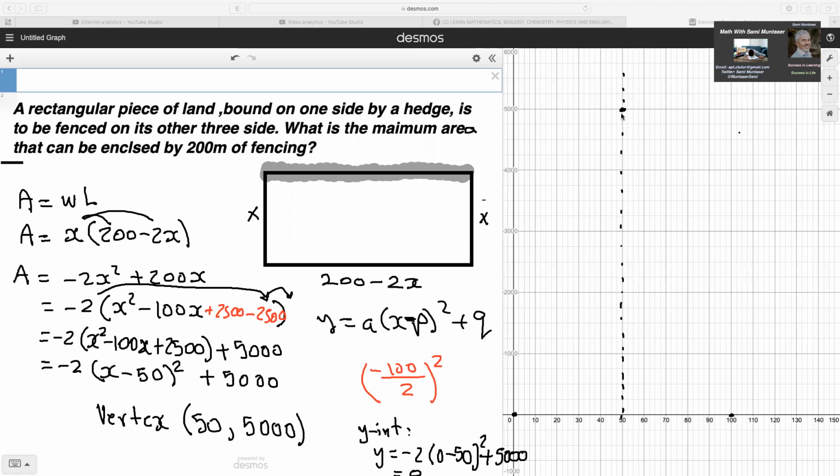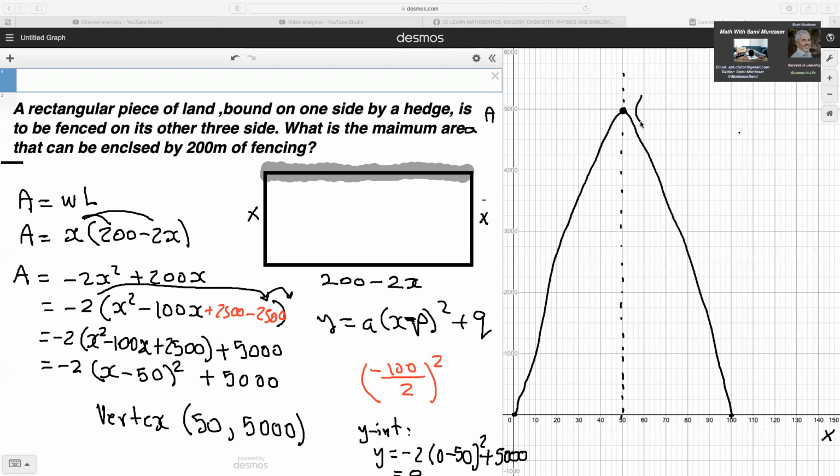Now we're just going to graph this parabola right here. And now, see here, this is your maximum value. Here, what we're plotting is the area against the x value.